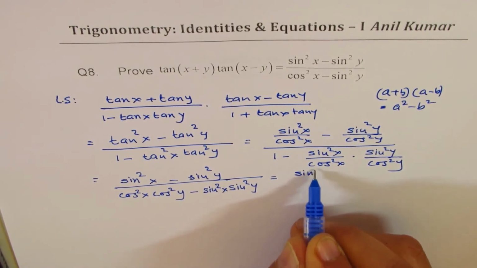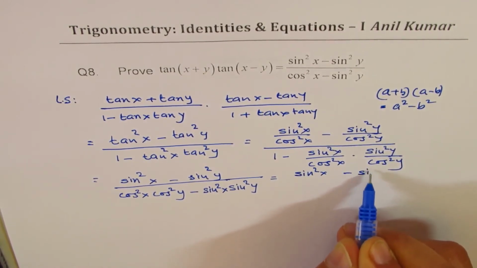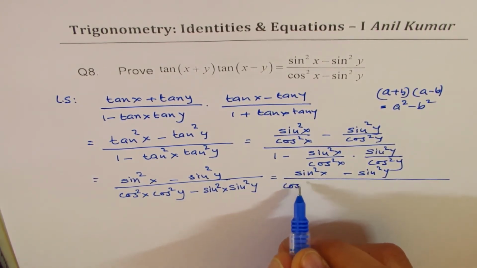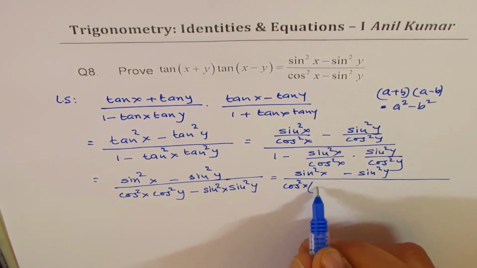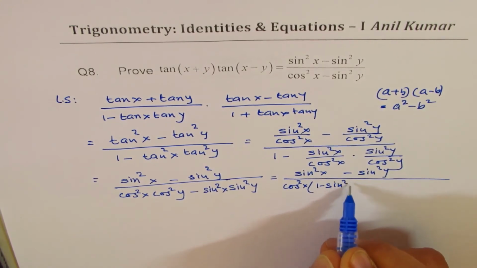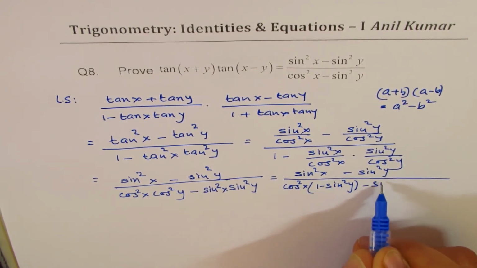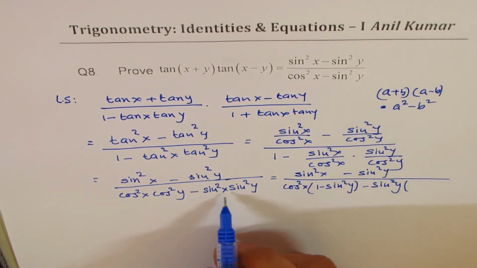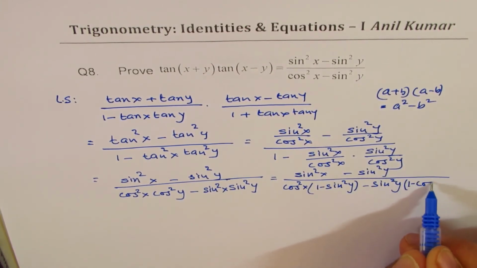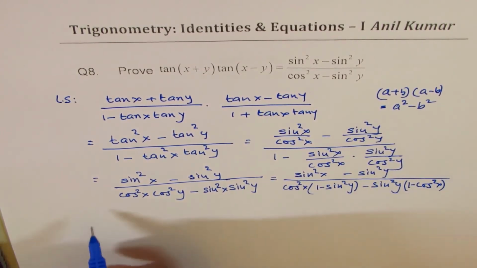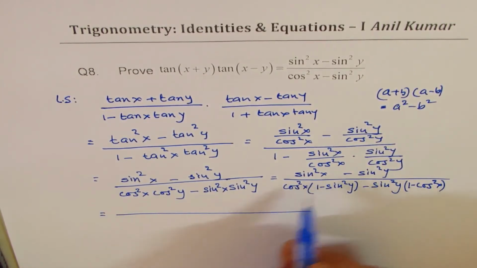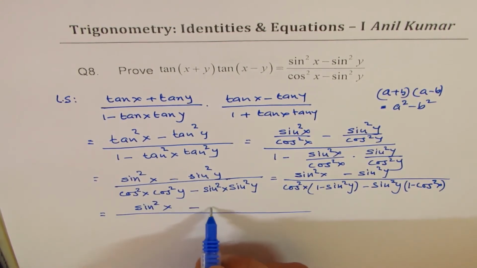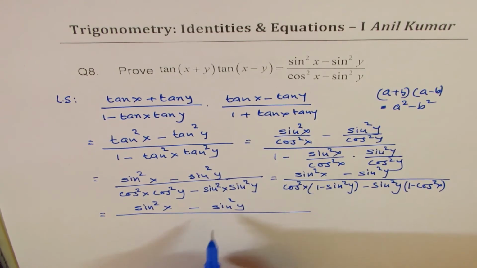So we get the numerator as sin²x - sin²y. In the denominator, we have cos²x times (1 - sin²y) minus sin²x, or sin²y, we need. So we'll keep sin²y. Write sin²x as 1 - cos²x. Okay? So that gives you, in the numerator, sin²x - sin²y, the required result.